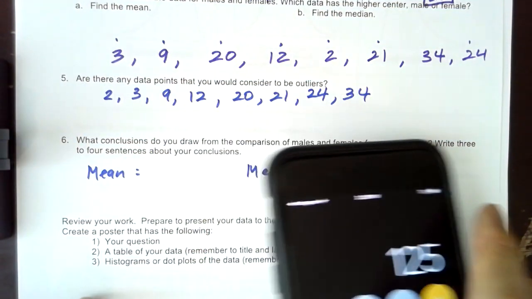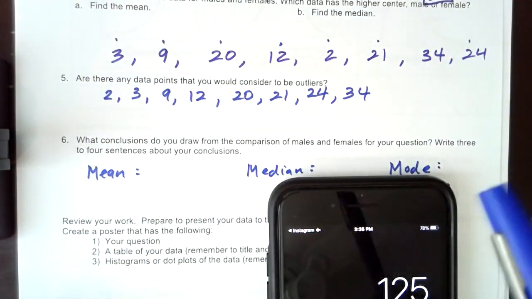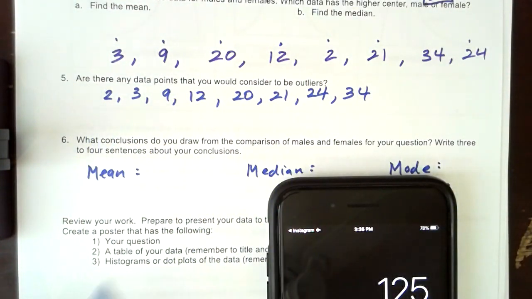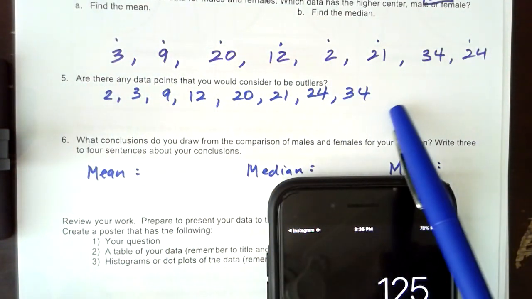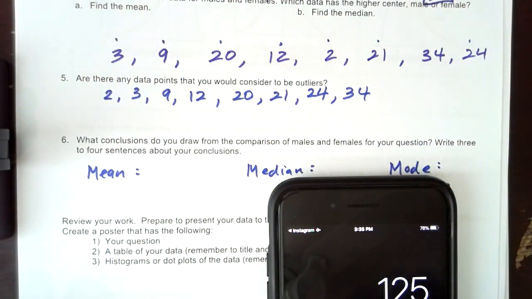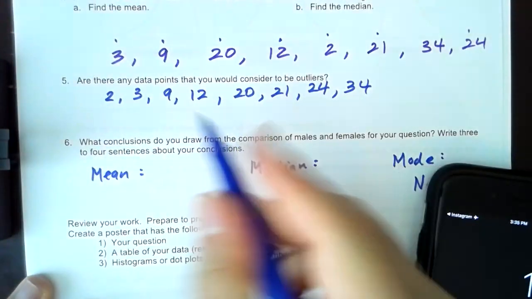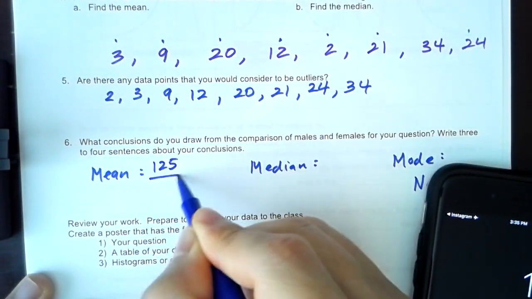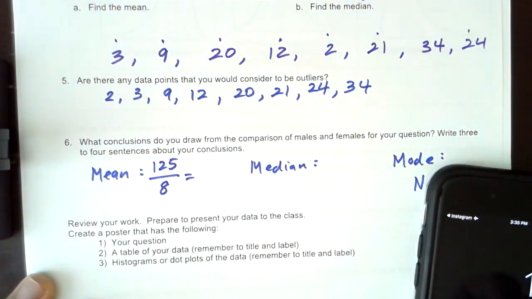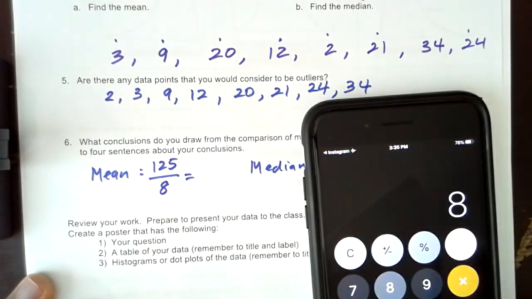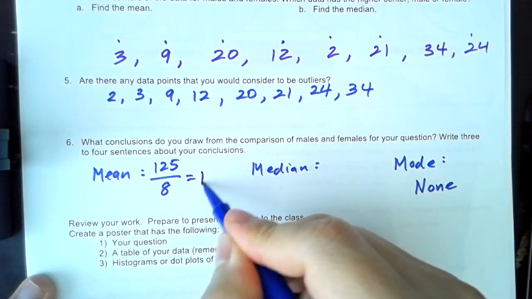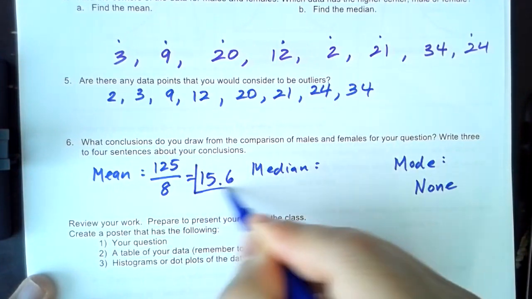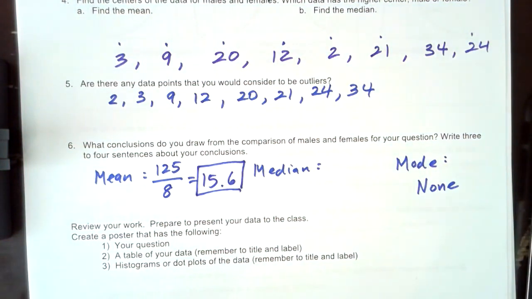It's 125. Okay, good. So 125 is the total sum, but now I have to divide it by the amount of numbers. The amount of numbers would be 8. So it's 125 divided by 8, which is not going to be clean, but I get 15.625, which I'm going to round to 15.6. Okay, so that's the mean.